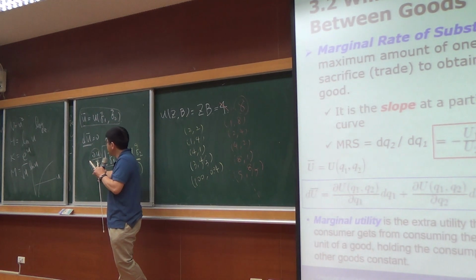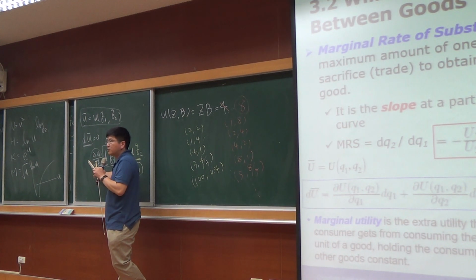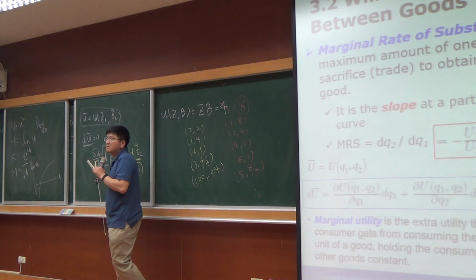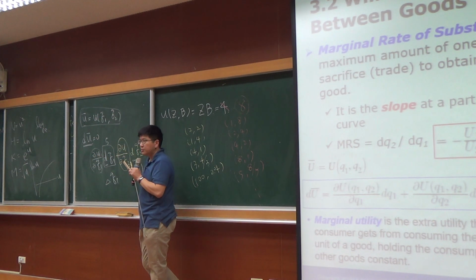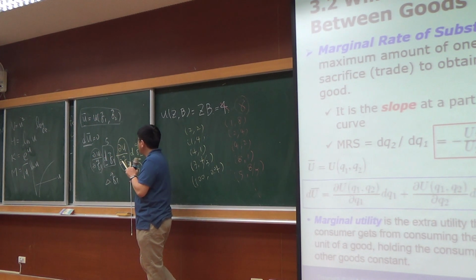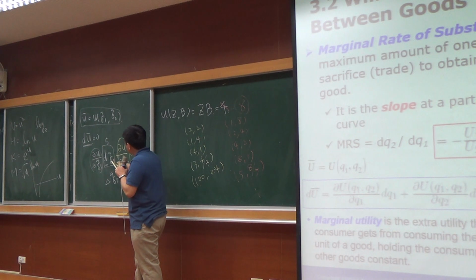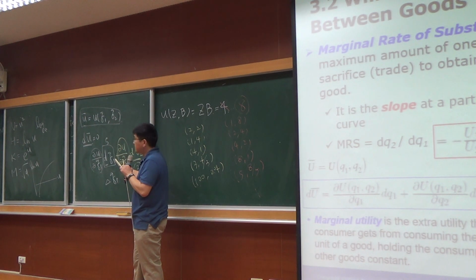So per unit change of Q1, we want to know the effect of per unit change in Q1 on the change in U. And this is per unit change of Q2 on the change of U. So when Q2 changes, Q1 is assumed to be constant, okay?